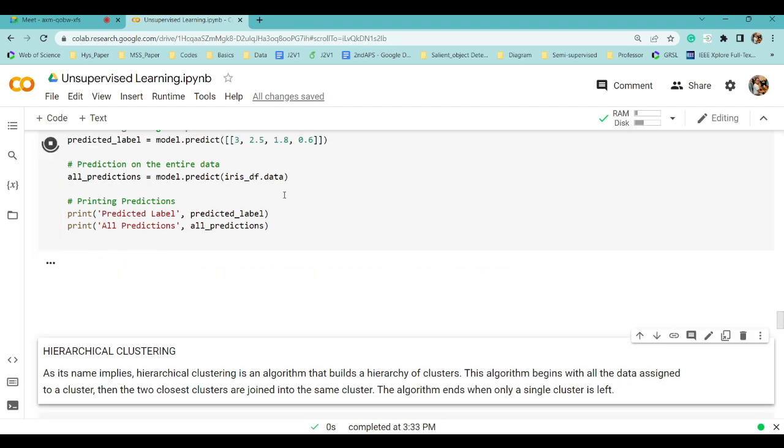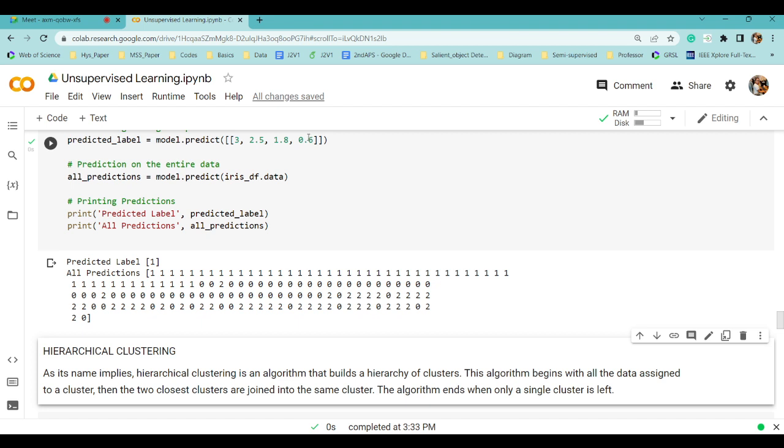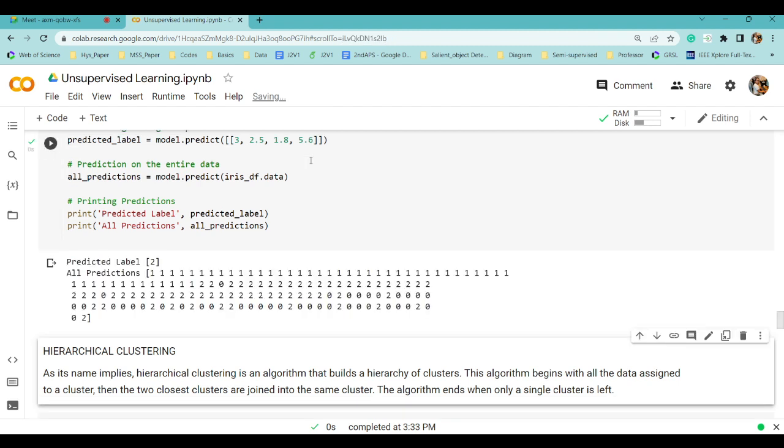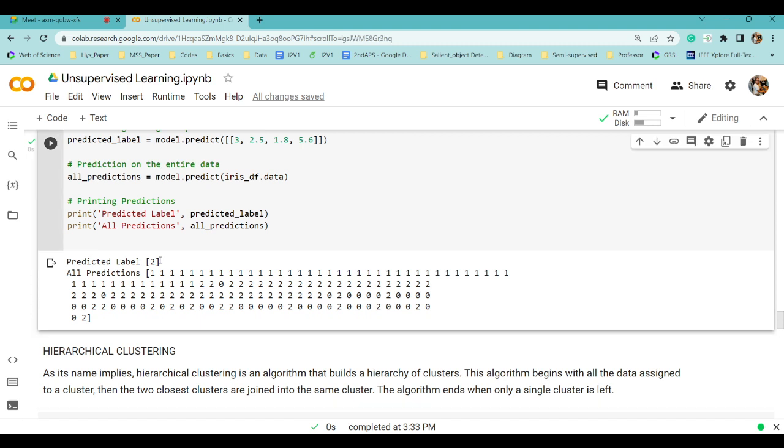Let's see. Why is it like this? It will change definitely. Now you can see predicted label 2, right? So now it belongs to a different label. Depending on these, this is the predicted label, which is an unknown value which we don't know. The prediction is taking place. So this is called k-means.